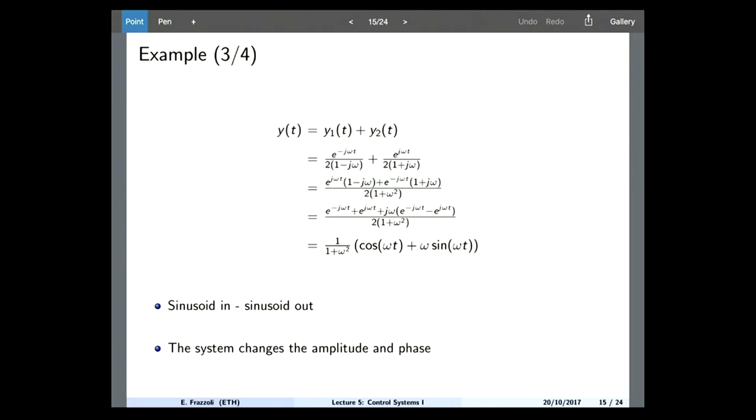So what we have here is, again, another sinusoid with frequency omega and some phase, which in general will not be the same phase as the cosine, scaled by 1 over 1 plus omega squared.